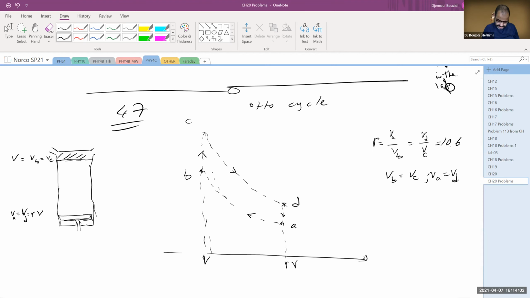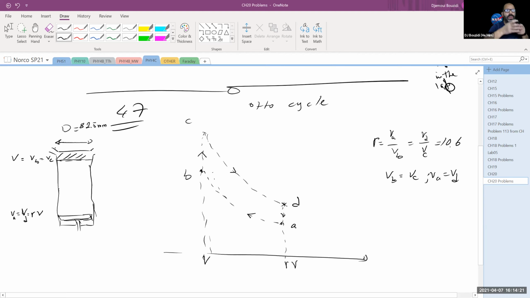The diameter of each cylinder is called the bore, and that is 82.5 millimeters. So this distance from here to here, the D, is 82.5 millimeter. That is the diameter because it has a cylindrical shape. And the distance that the piston moves during a compression, called the stroke, is 86.4 millimeter.